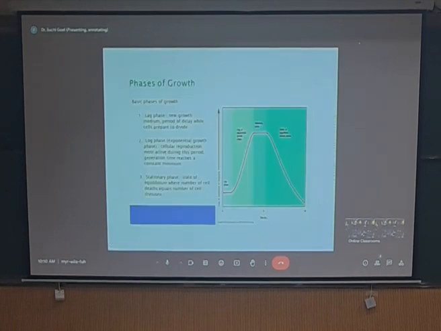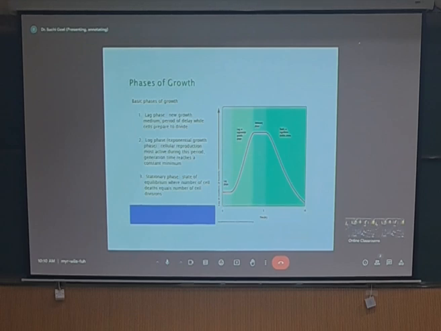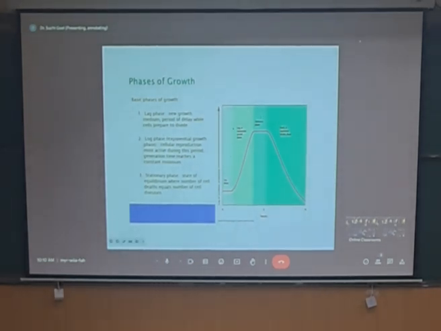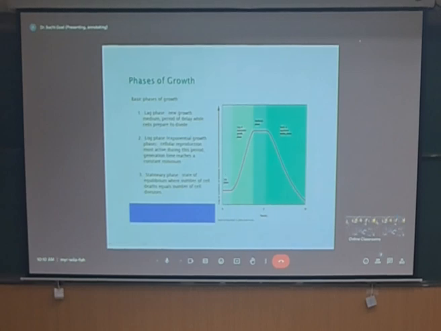Now, what are the different phases of growth of a bacteria? Most probably all of you have learned this, but just to understand in terms of generation time, what you have is the lag phase. Lag phase doesn't mean that the bacteria is not growing. I plot it over time and log scale.